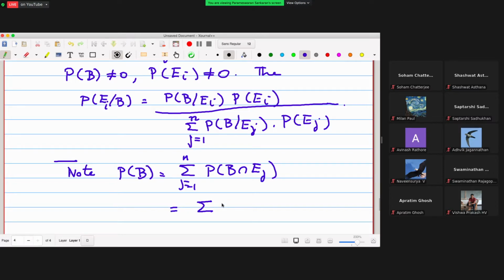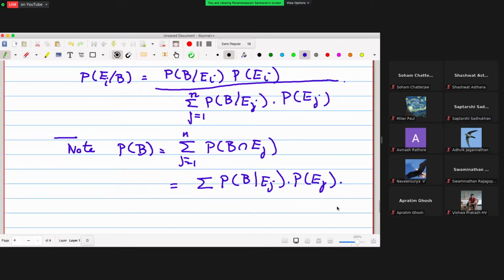You rewrite it as the summation of the probability of B given Ej times the probability of Ej. Okay, that's it. That's all that is needed to be noted for the proof, nothing more.